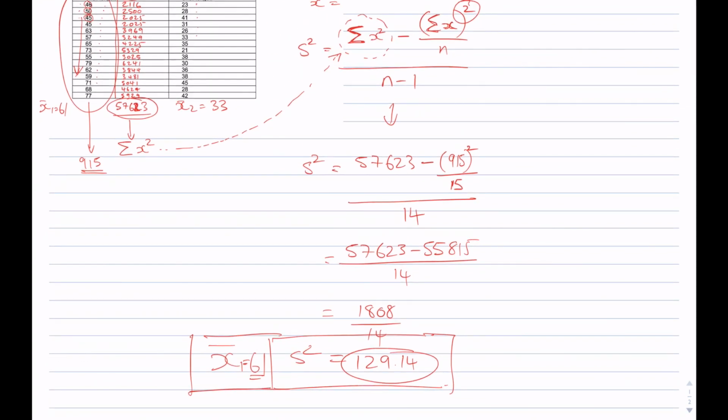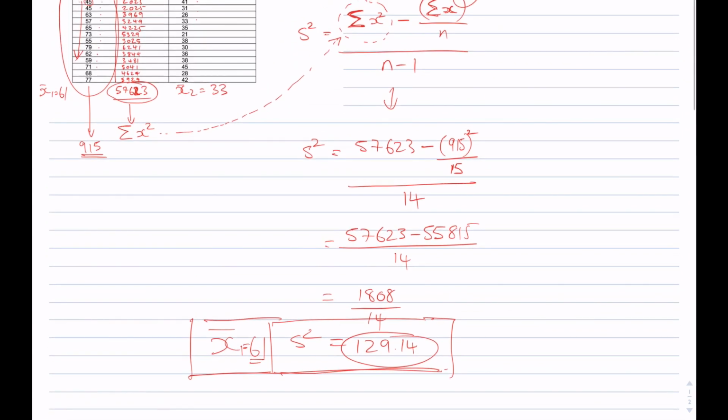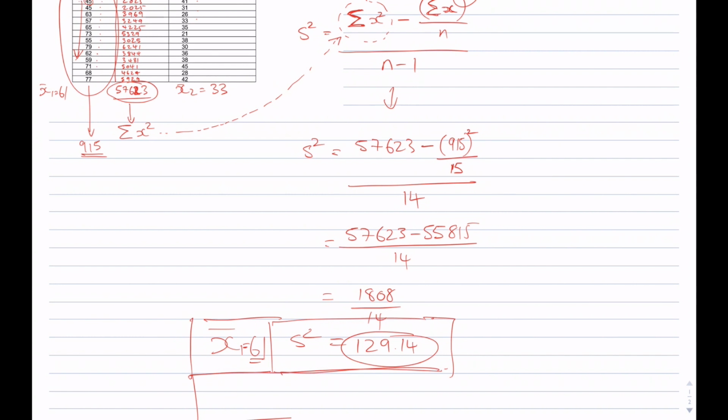I've got my average and I've got my variance. Now I'll join you again when I've calculated the average for the second population and the variance for the second population in the same way.